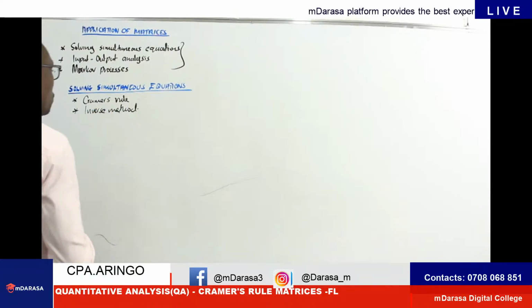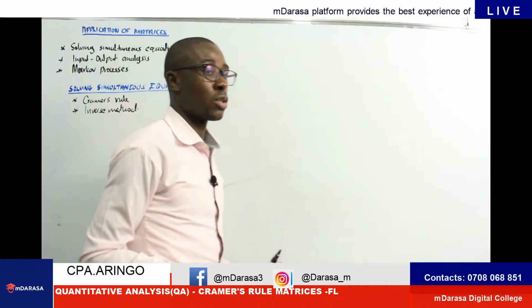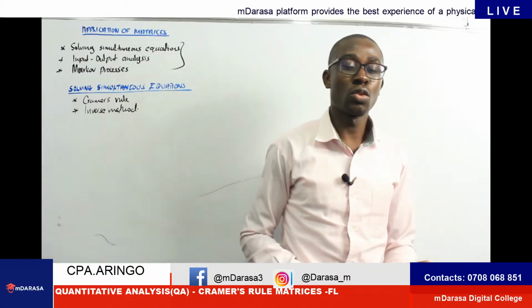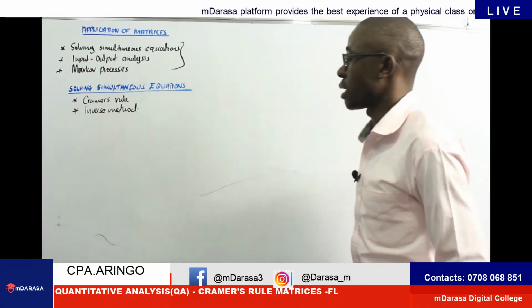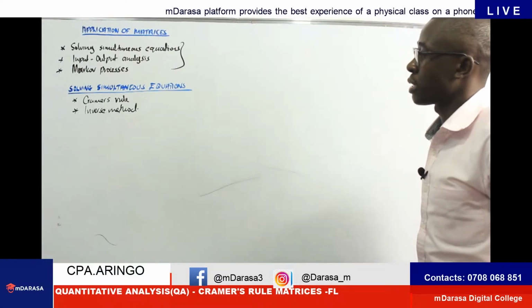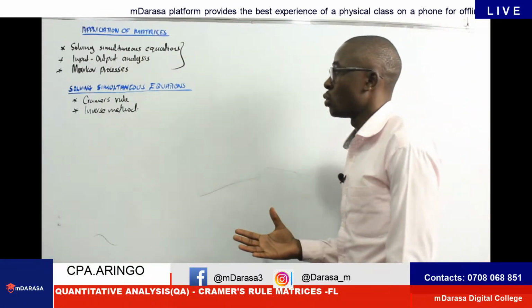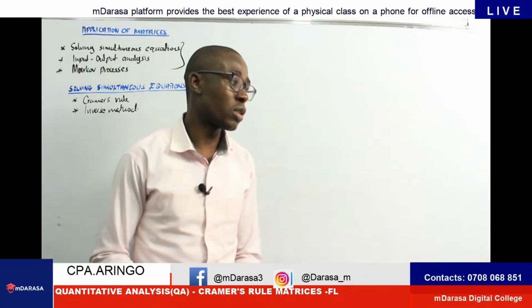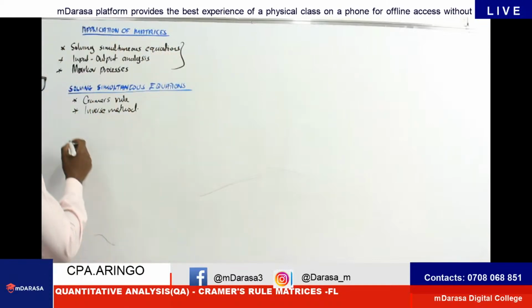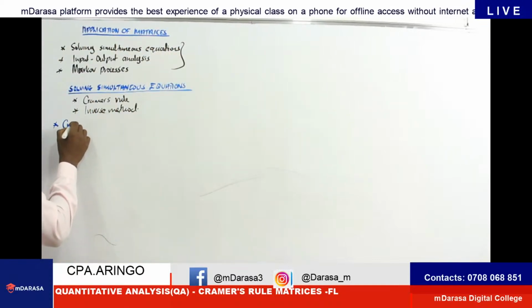So these are the two methods that we are going to use in solving simultaneous equations. In that case, I want us to jump straight to Cramer's rule and see what that will entail.